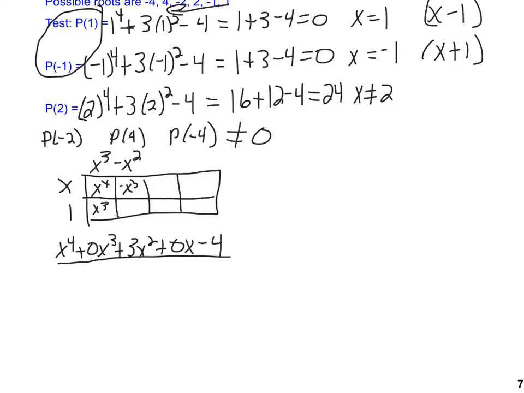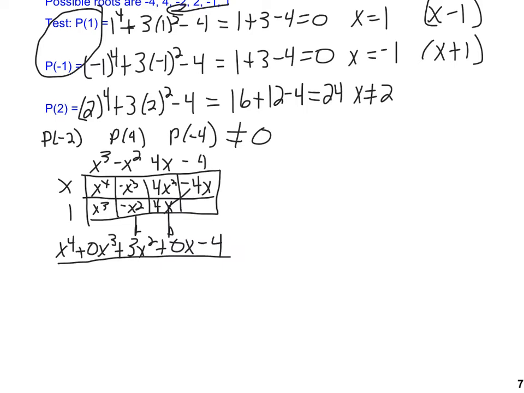Negative x squared times 1 is a negative x squared, and I need 4x squared added to a negative x squared to give me 3x squared. So now 4x times x is 4x squared. 4x times 1 is 4x. I need a negative 4x plus 4x to give me 0x.